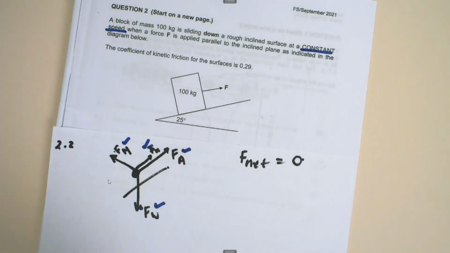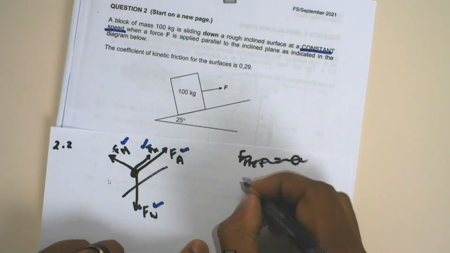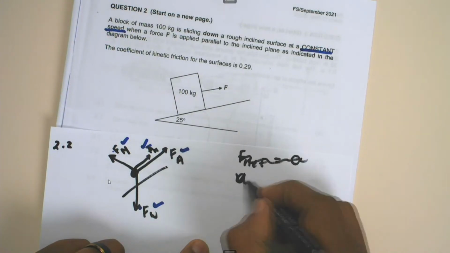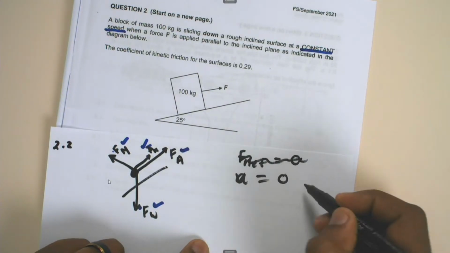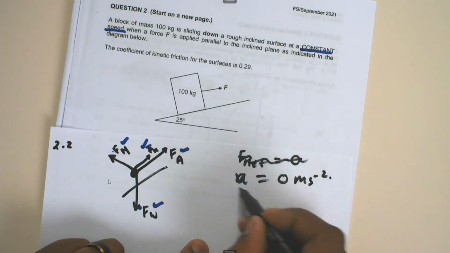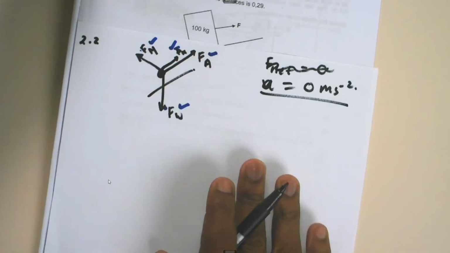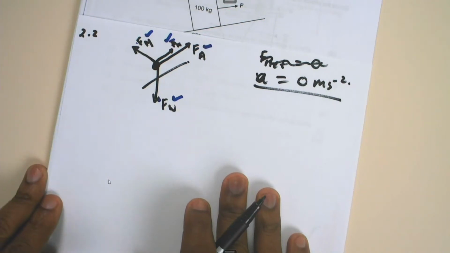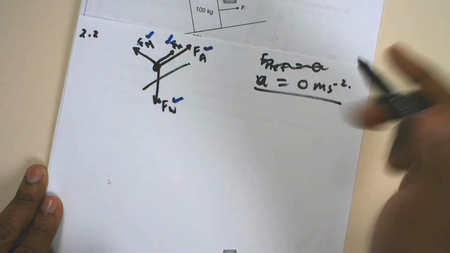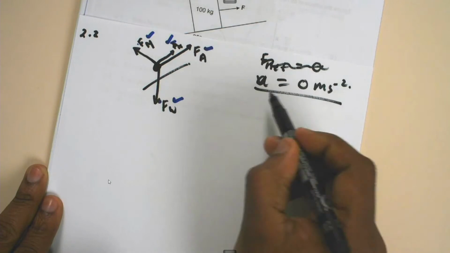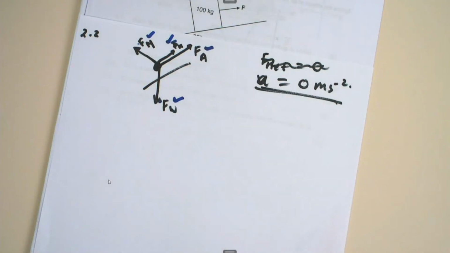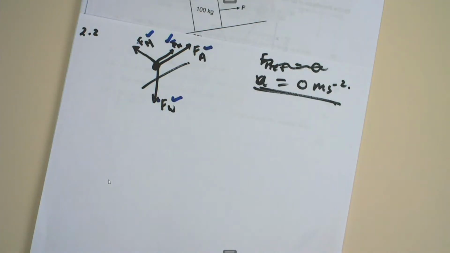That is very, very important. Not F net, but let's say the acceleration thereof should be equal to 0 meters per second squared. So that is the key, because this information will assist me in getting the correct answer for the information that is given.